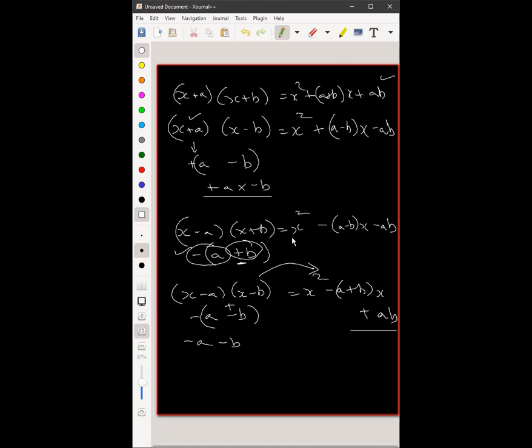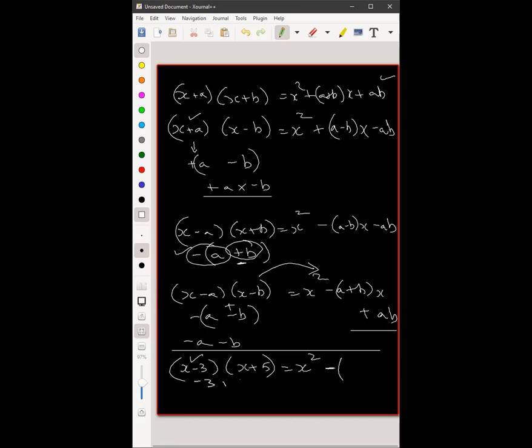Let me take another example in the same one. Like we do x minus 3 into x plus 5. So first is x squared. Then what sign do we have here? Samita, what sign? Minus. So what do we do here? Minus, brackets, minus of 3.